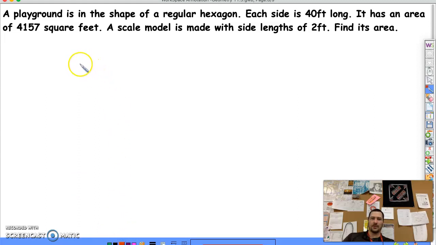So that'll be a ratio, 40 over 2. Well, we know that that's the same as 20 over 1. And in order to set it equal to our area, which we know the big one has an area there, trying to find this one. In order for these to equal, remember you got to take the sides and square them.